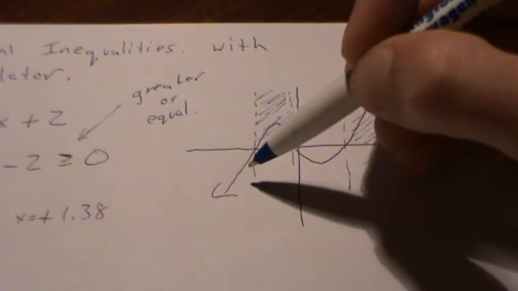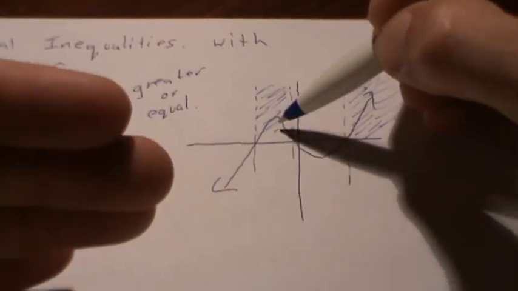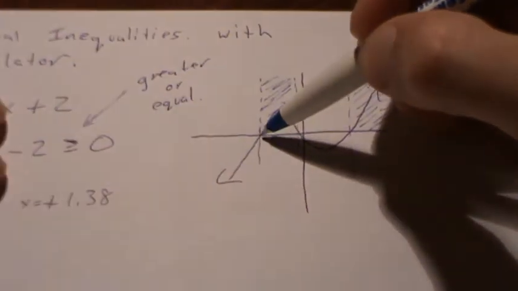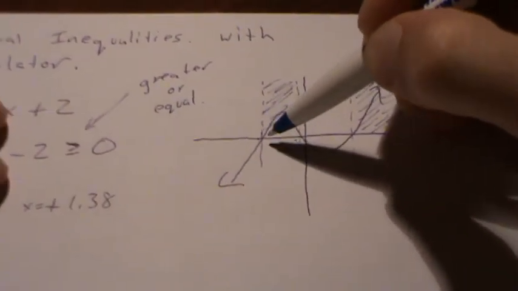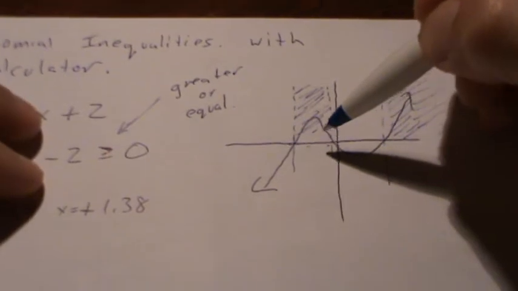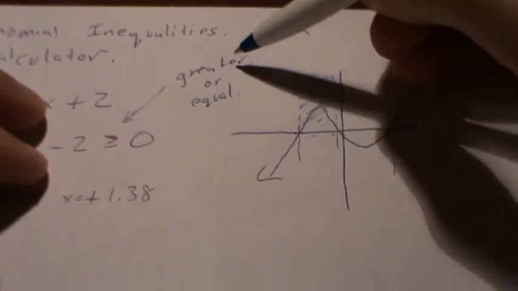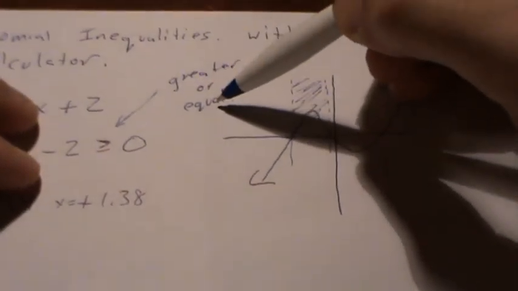Because right here, my polynomial is less than 0. Right here, my polynomial is greater than 0. And so this entire interval, I will qualify for greater than 0. And this entire interval, I will qualify for greater than 0.